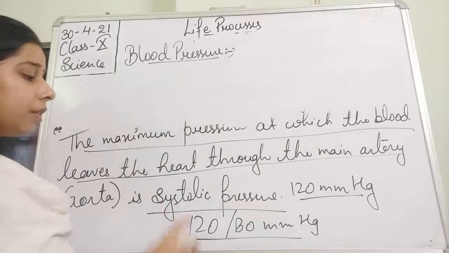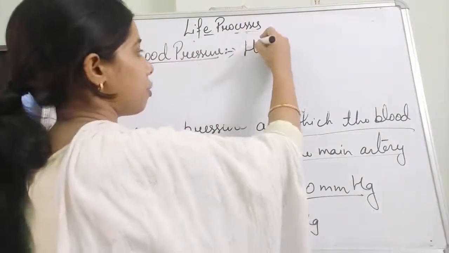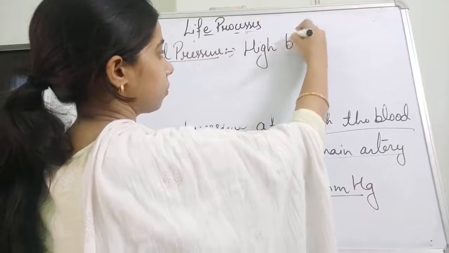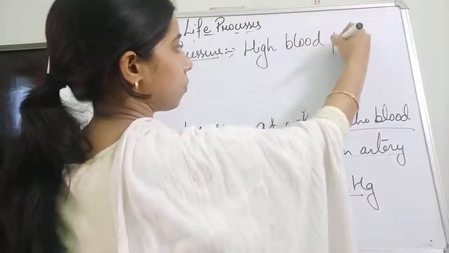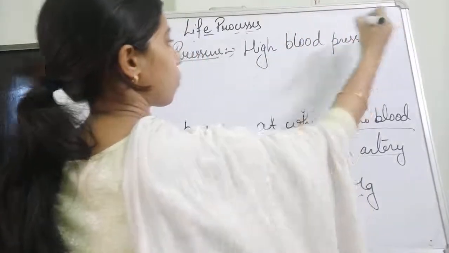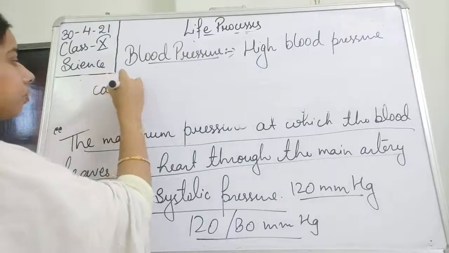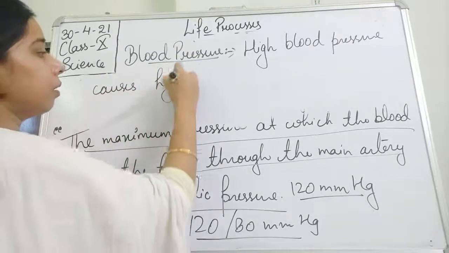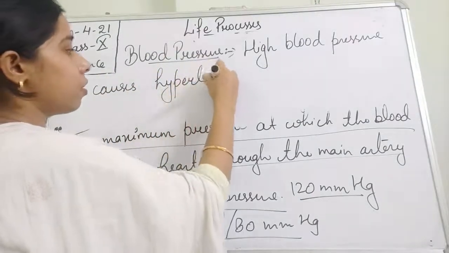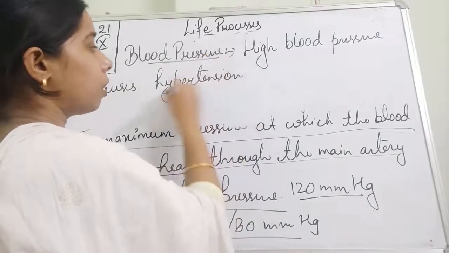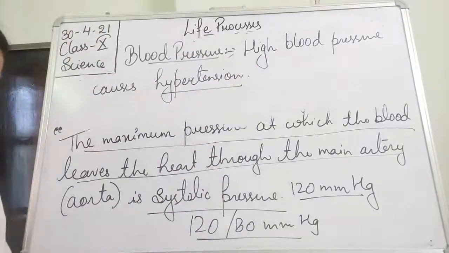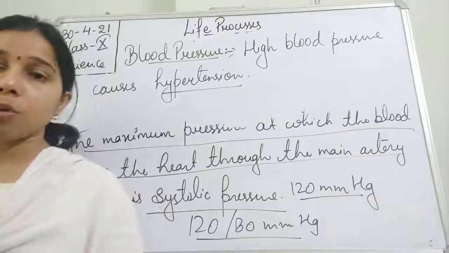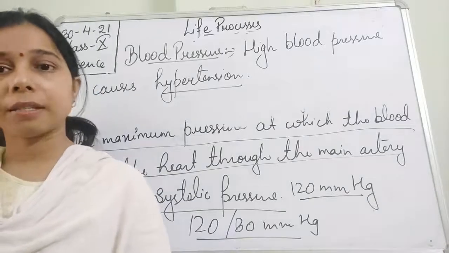So we simply understand that high blood pressure causes hypertension. Now let us try to understand how a person's blood pressure is measured, students.